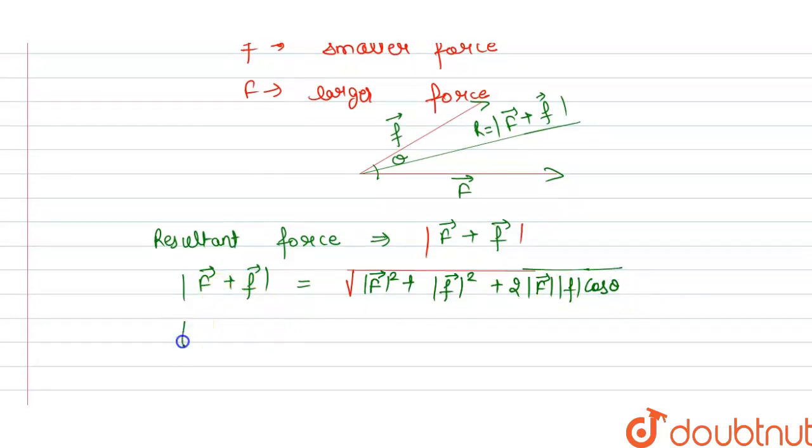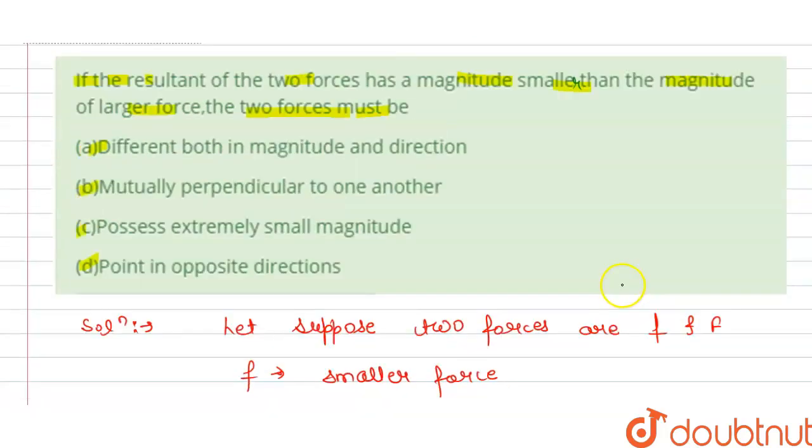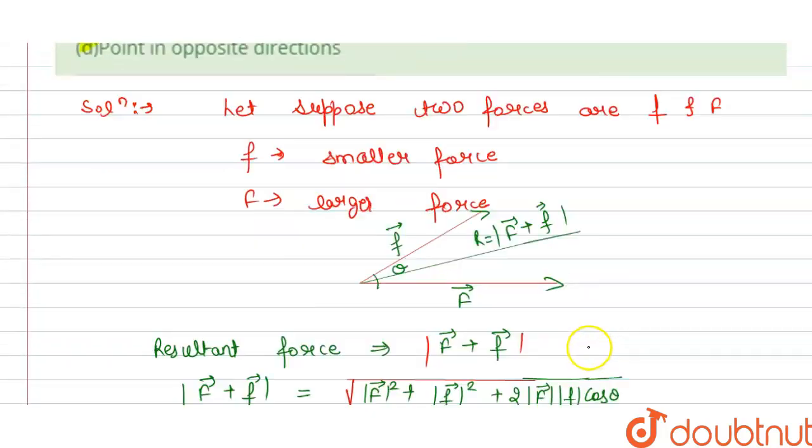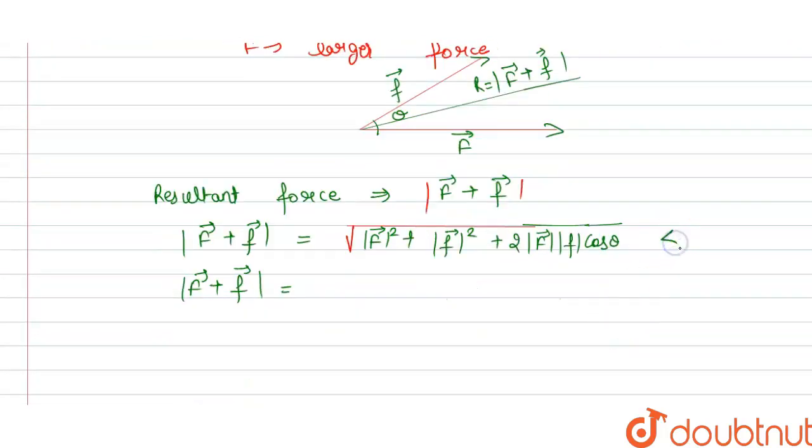So from this we get the resultant force. The given condition is that the resultant force has magnitude smaller than the magnitude of the larger force. So we can write that this is smaller than the larger force.